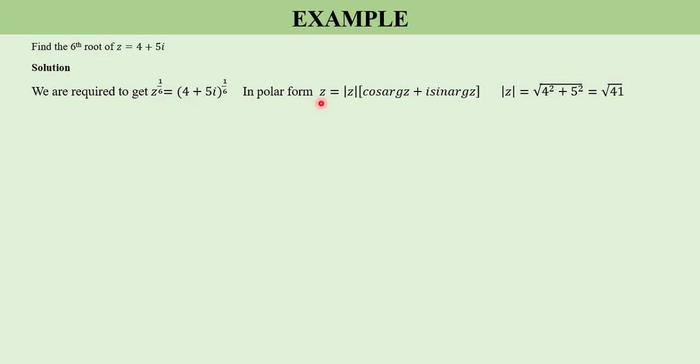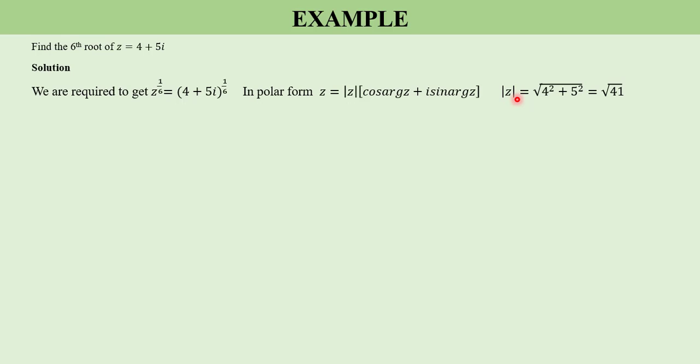In polar form, z is equal to the absolute value of z times cos arg z plus i sin arg z. So we have to find the absolute value of z and arg of z, whereby arg of z is the angle.